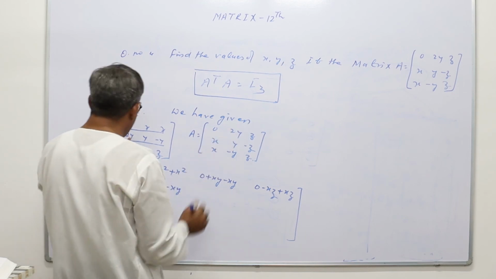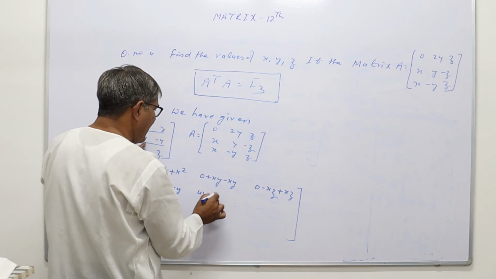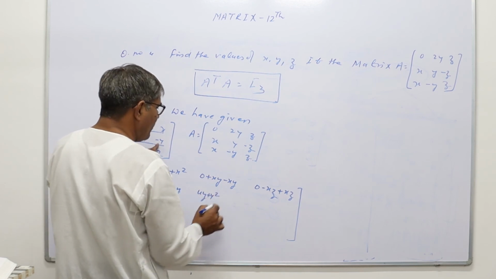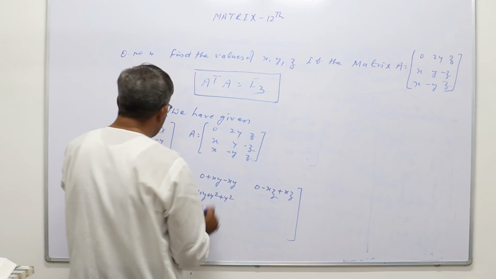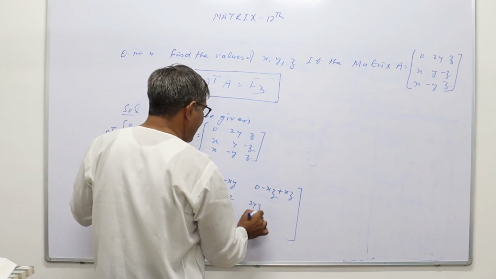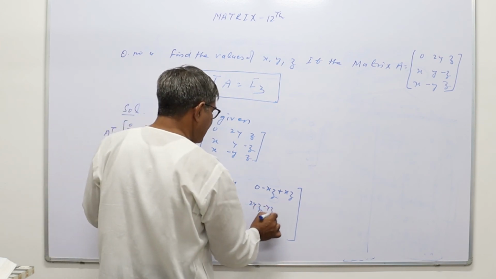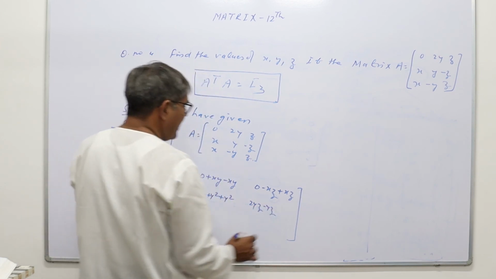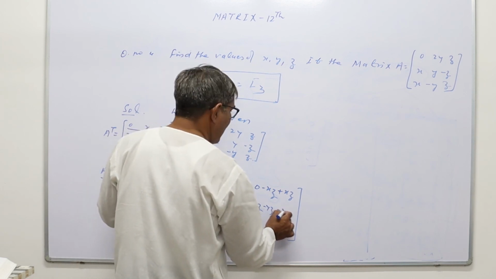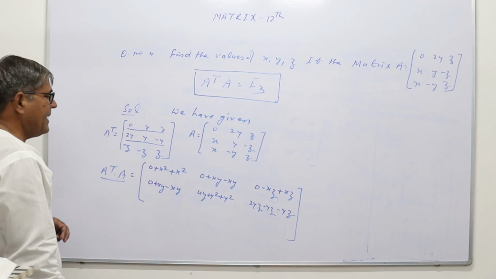Now 2y into 2y is 4y square, y into y is y square, minus y into minus y is plus y square. Then 2y into z is 2yz, then y into minus z is minus yz, and minus y into z is minus yz. So this is the second row in the resultant matrix.